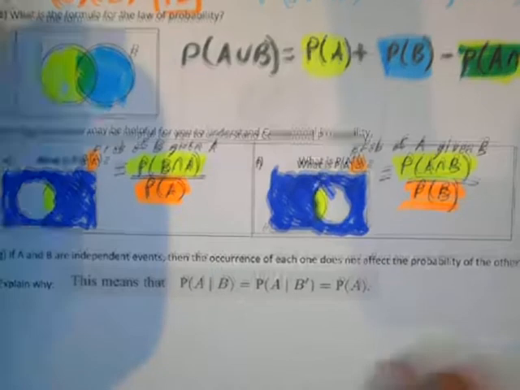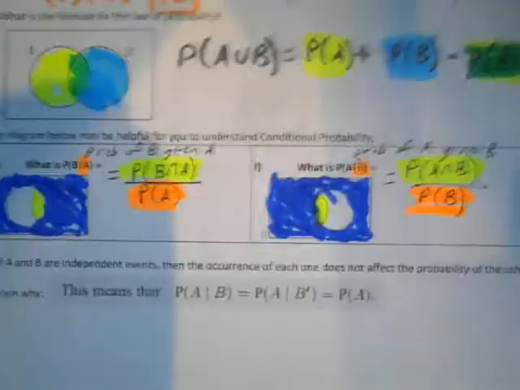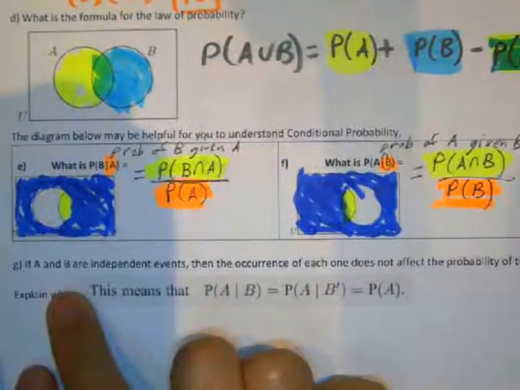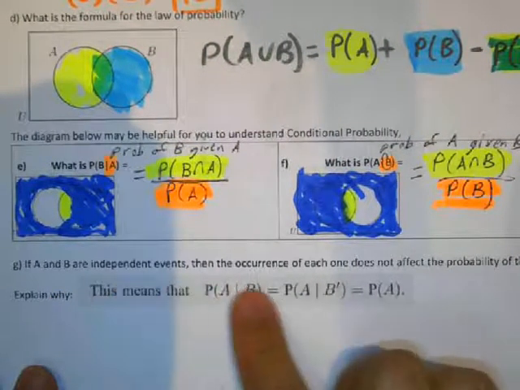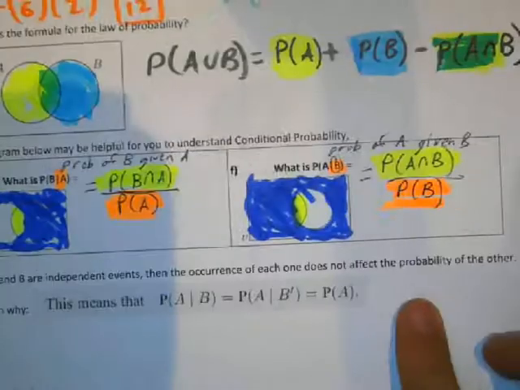Lastly, now this part we didn't do in our notes, but we probably should have. So, if A and B are independent events, then the occurrence of each other doesn't affect the probability of the other.